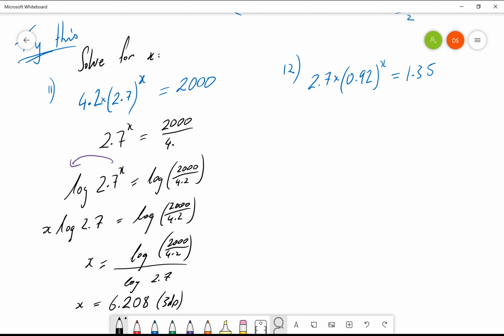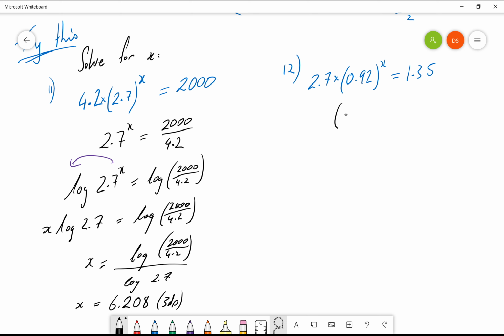And then I'm going to try this next one. So once again, where did that 2 go? I'm going to stick a 2 there. Once again, I'm going to divide by this 2.7.